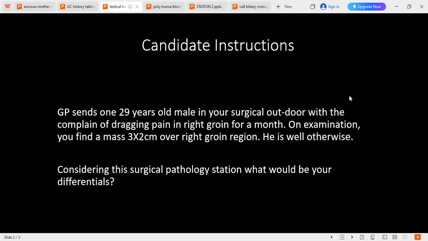What is the most common location for undescended testes? Usually it lies in the inguinal canal most of the time, sometimes in the deep ring, external oblique, or intra-abdominal.